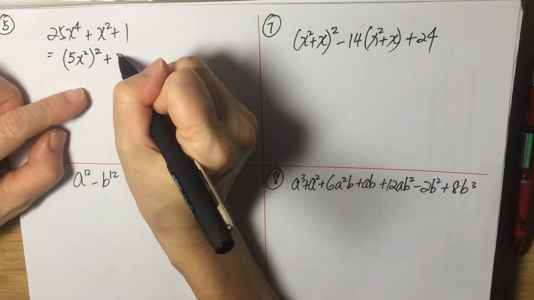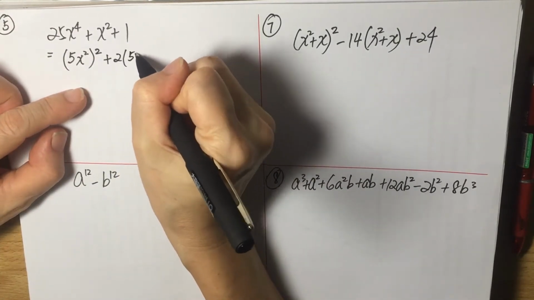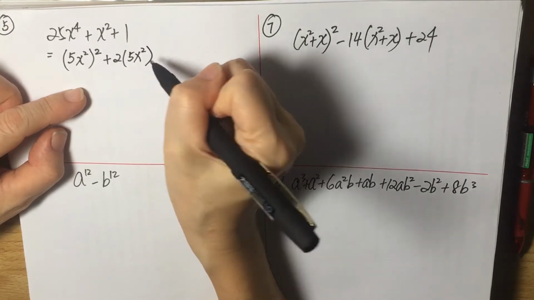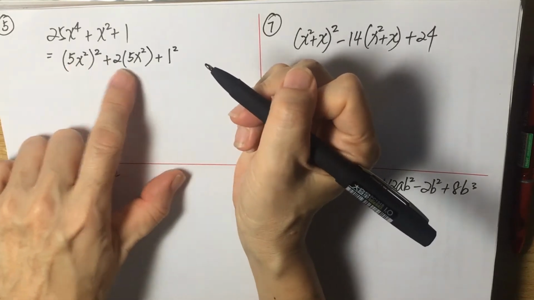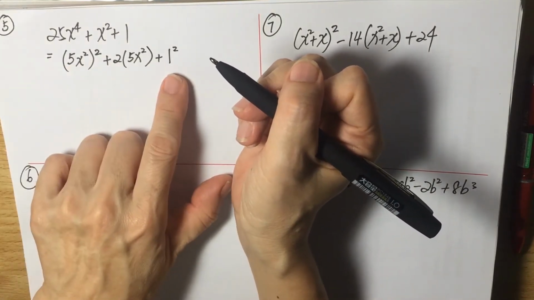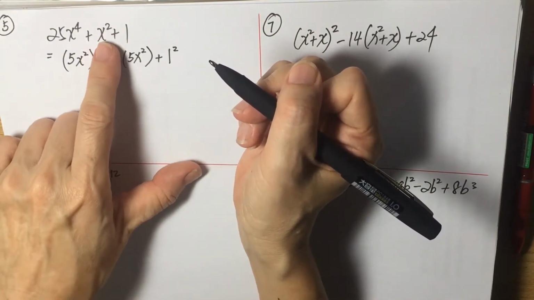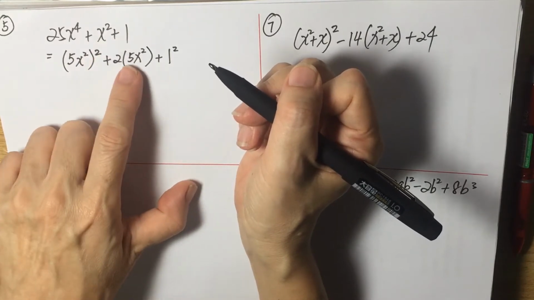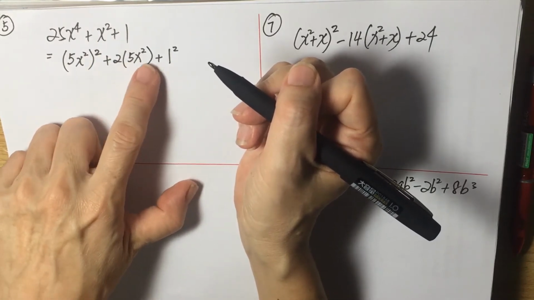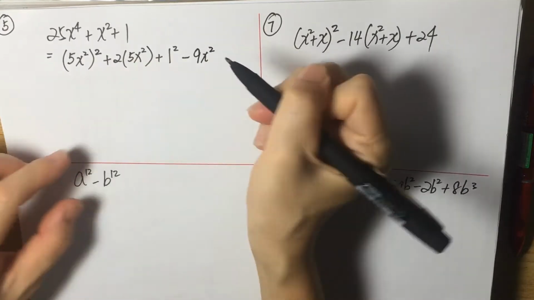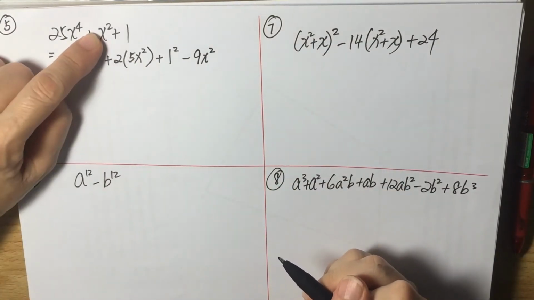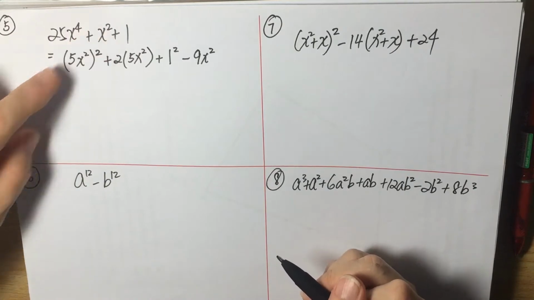And I'm going to put twice of 5x squared and then plus 1. So I'm trying to force this into a perfect square. But the original expression has x squared, but I'm getting a 10x squared. So I need to take away 9x squared in order to make it back to x squared.